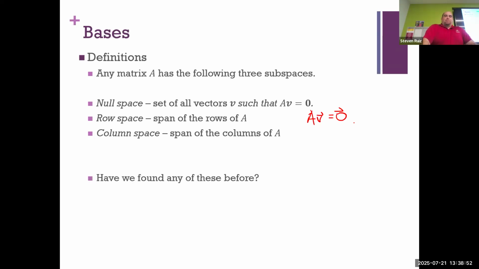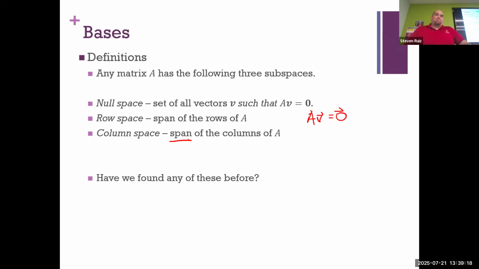Have we found any of these before? Does the null space sound familiar? Whether or not you realize it, we've done very similar things. What about the column space? Let's refresh. Let's go back a few class periods.